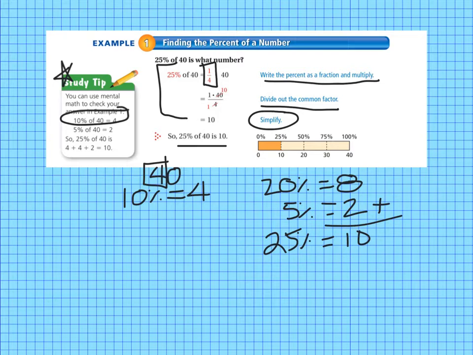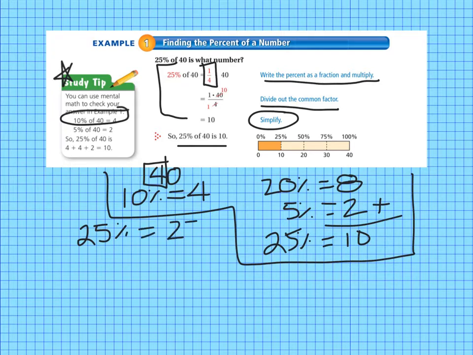If you do not like fractions and you would rather not do something like what's shown in the study tip box, or you have something that is not a nice even number, you can also use decimals. And so 25%, remember, equals 25 over 100.